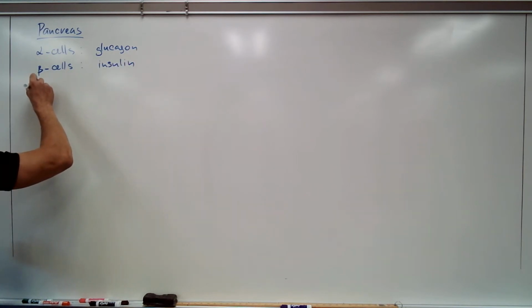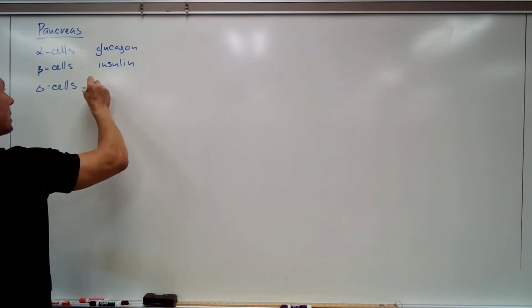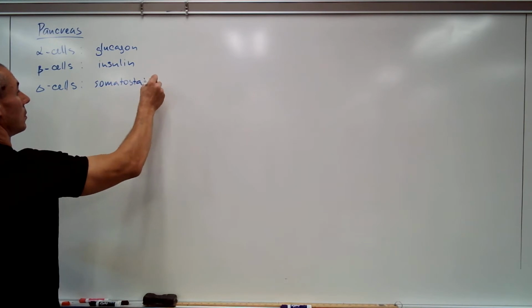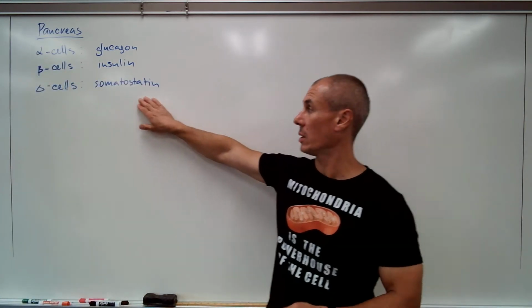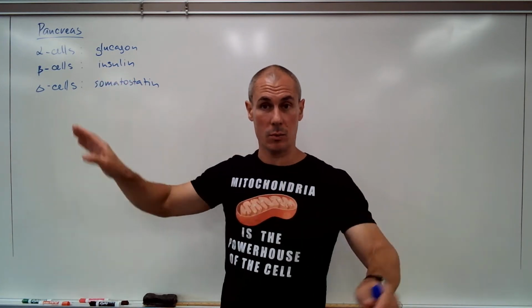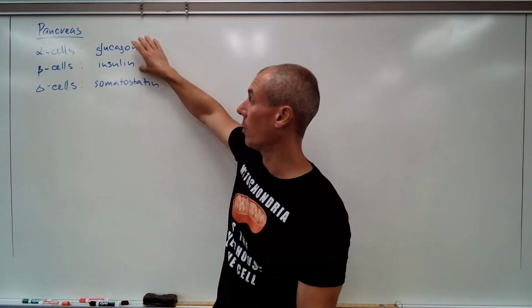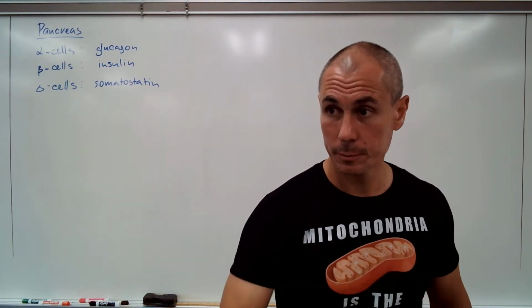And delta cells, they produce somatostatin. So basically growth hormone and inhibiting hormone. That's the last time we're going to talk about delta cells. We're not going to be focusing on these ones anymore. And we're going to focus on these 2. Right? We're clear.